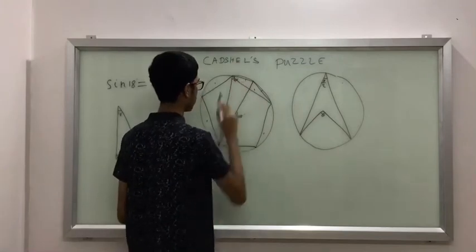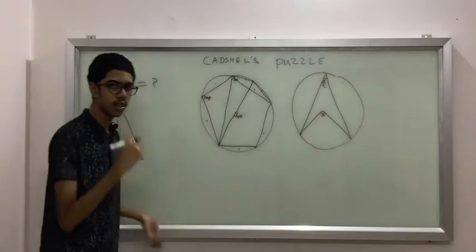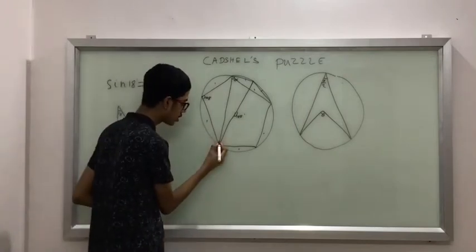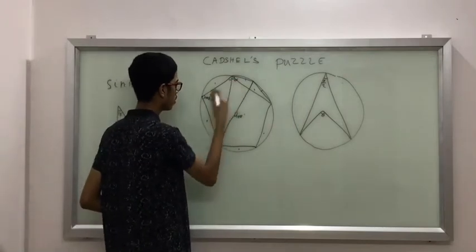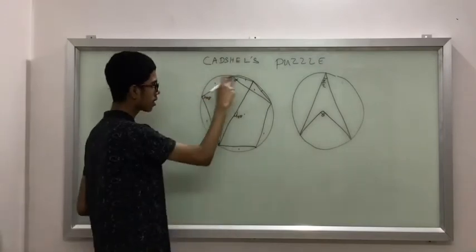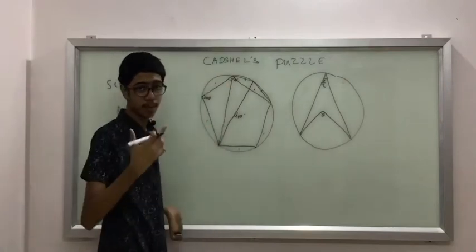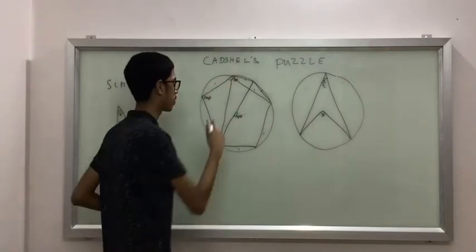So this is 90. I know this is 108. Now what is this angle and this angle? In a regular pentagon all angles are 108, because the polygon rotates 108. Sorry, in a regular pentagon all angles are 108.